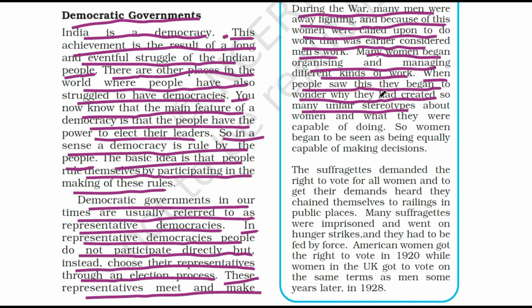You have read this word stereotype in previous chapters about women and what they were capable of doing. So women began to be seen as equally capable of making decisions, and they should be given voting rights. In India, we now have equal voting rights for everyone above the age of 18.